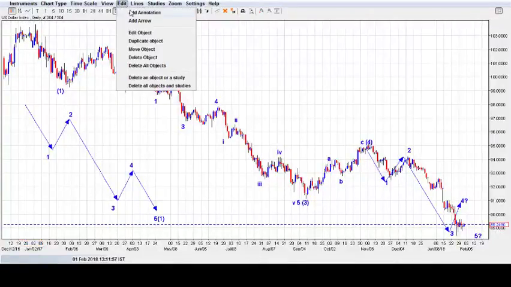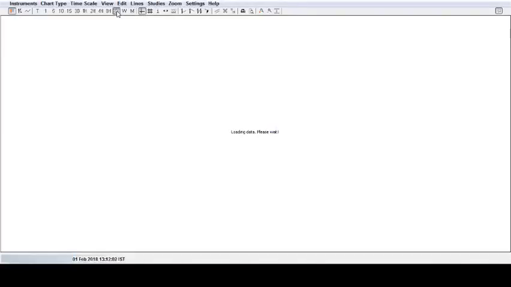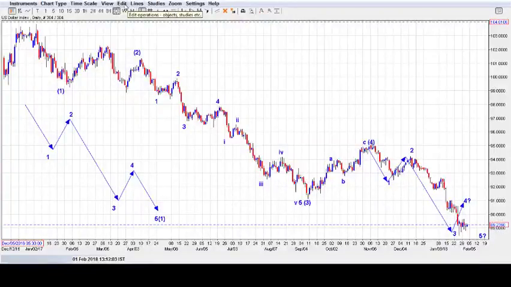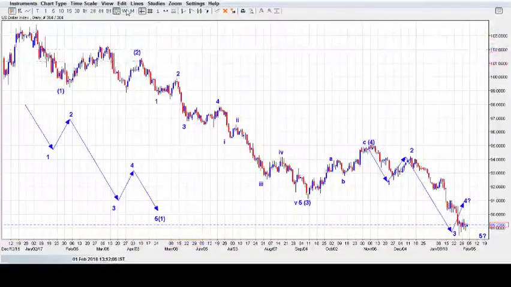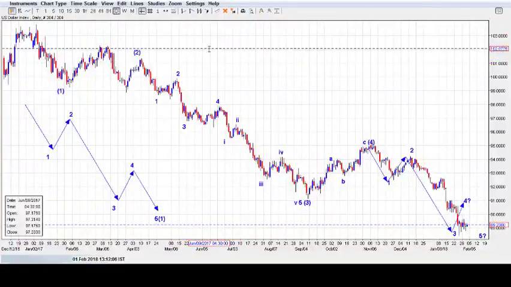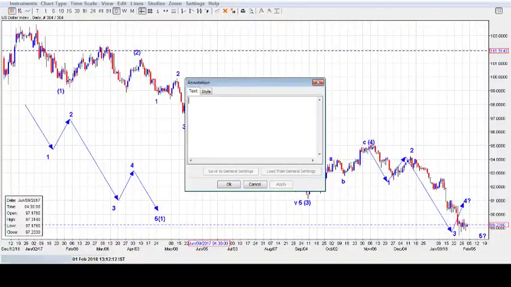All right, so we are somewhere within the fourth wave of wave 5 of one larger degree.